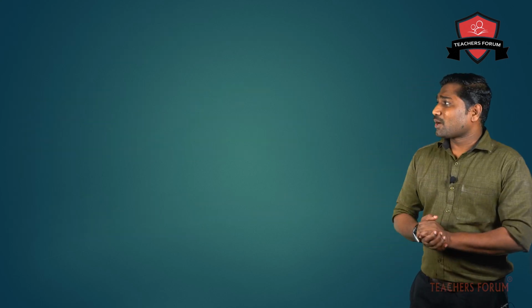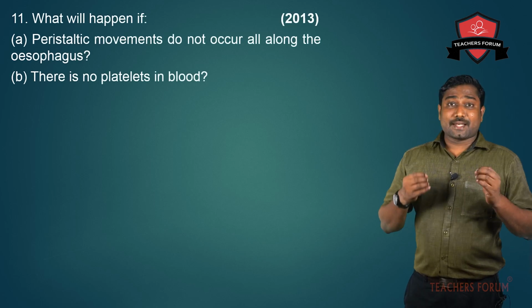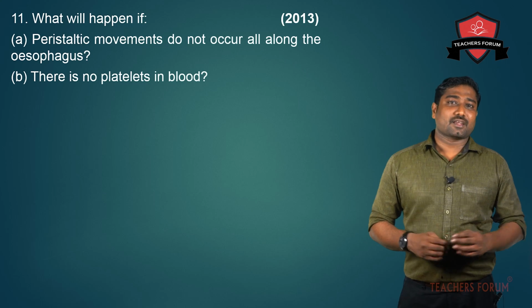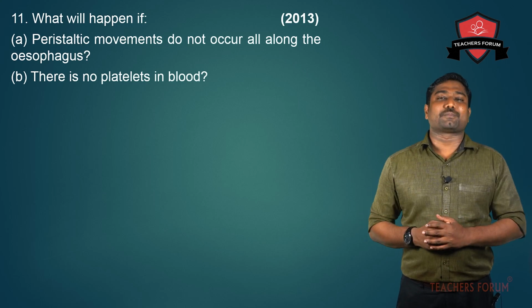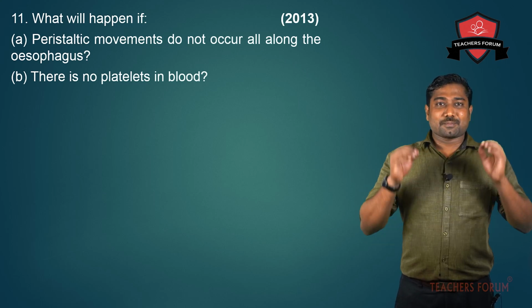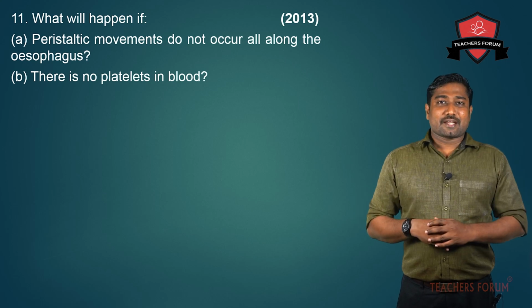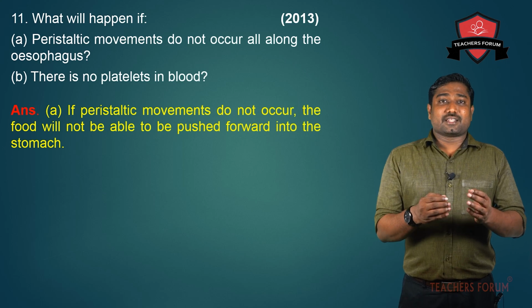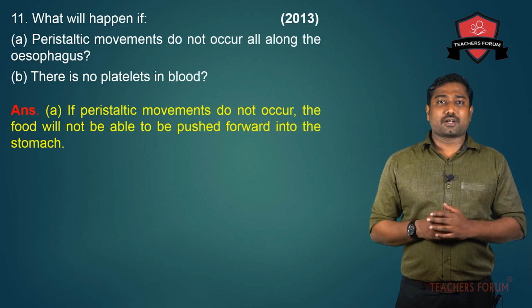Moving to the next question, what happens if peristaltic movement does not occur all along the esophagus? We know the esophagus is the food pipe. It is the pipe which connects the buccal cavity to the stomach. If the food is not moving through the esophagus, then further digestion will not occur.